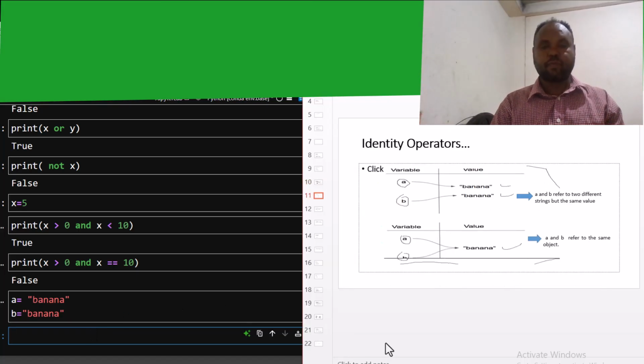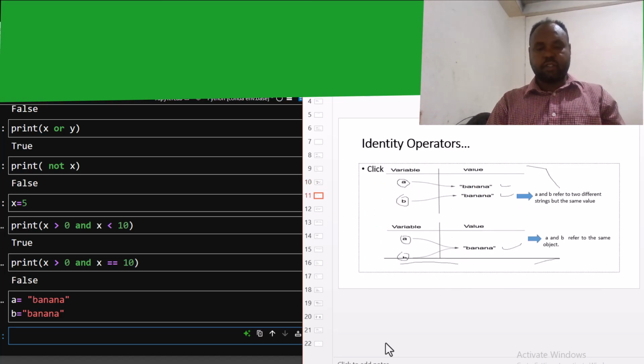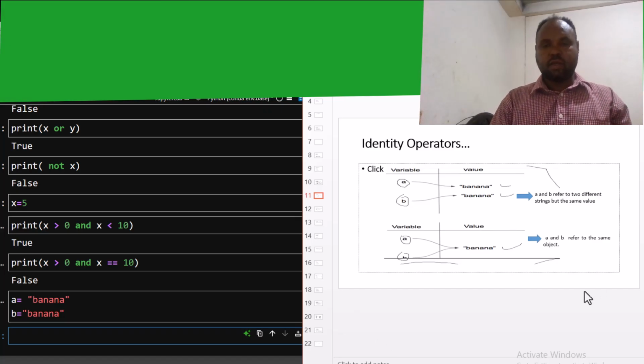So identity operators check whether A and B are referring to the same object, right?